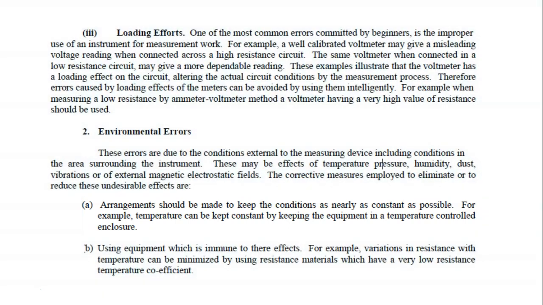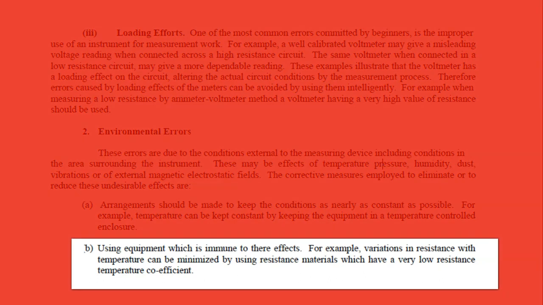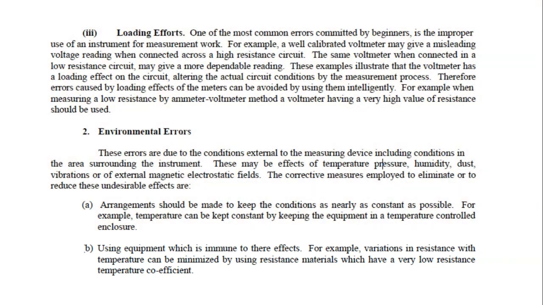Next, a way to reduce environmental error is by using equipment which is immune to these effects. For example, variation of resistance with temperature can be minimized by using resistance materials which have a very low resistance temperature coefficient.